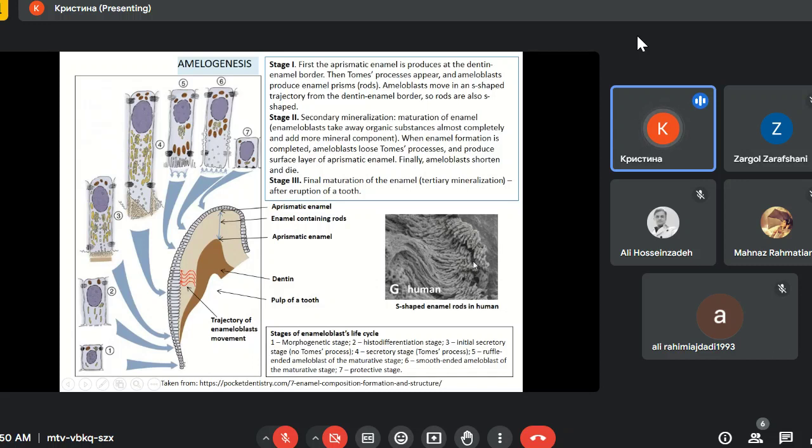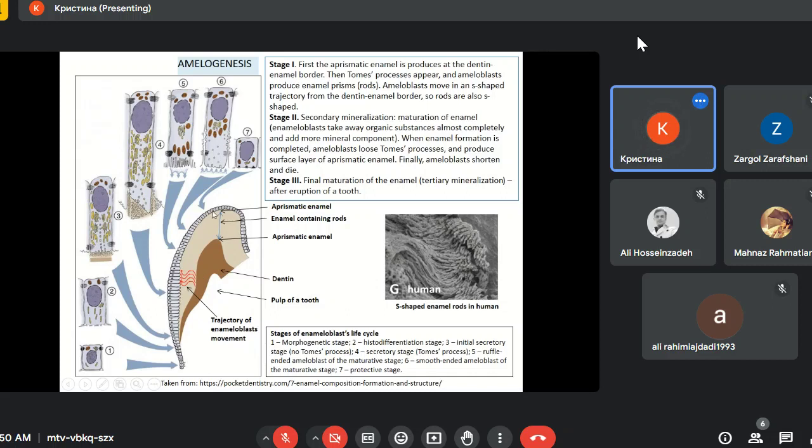So here you can see the scanning electron micrograph of the enamel rods in human. They are S-shaped because of the shape of the path of movement of ameloblasts. So while they produce enamel, they gradually move away from the cells which produce dentin. So the cells which produce dentin, odontoblasts, will stay here in this region, and they produce dentin.